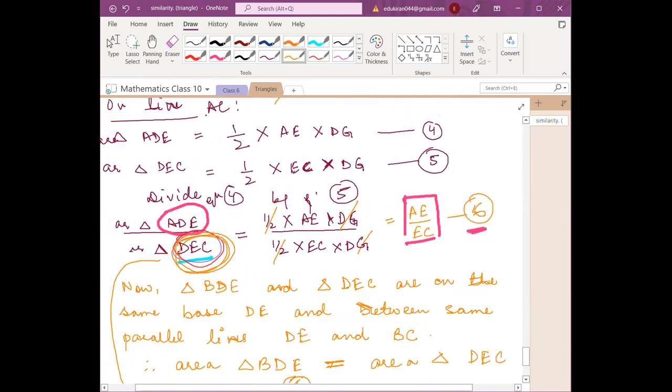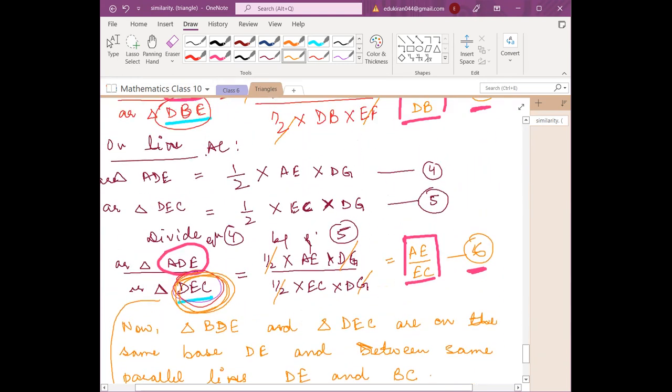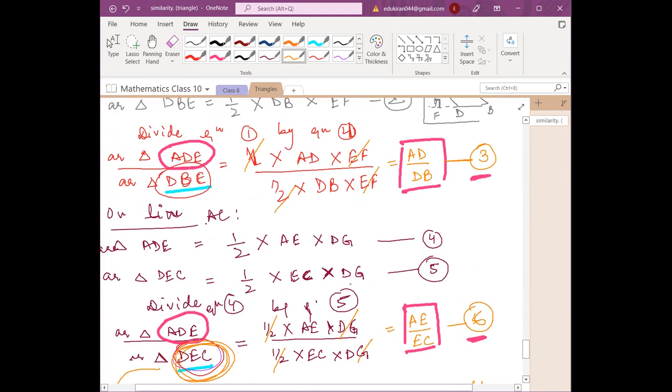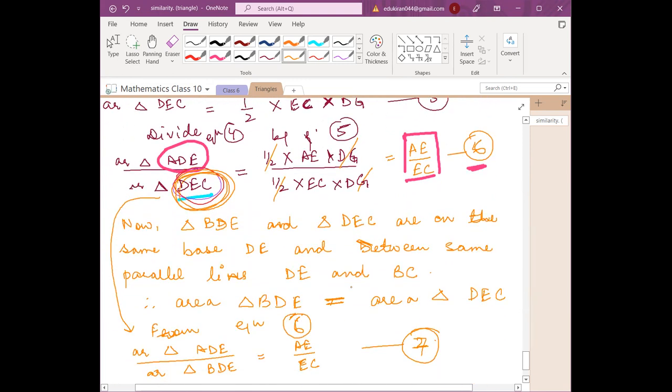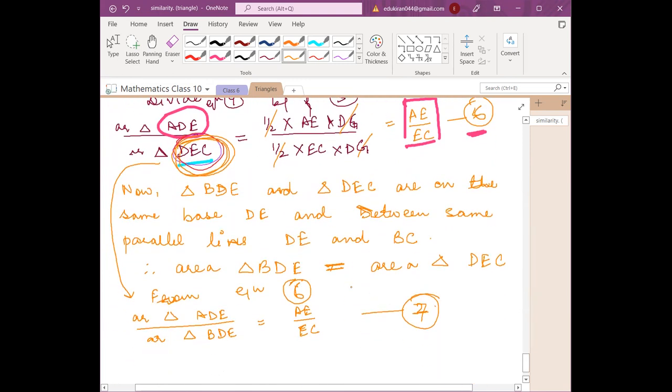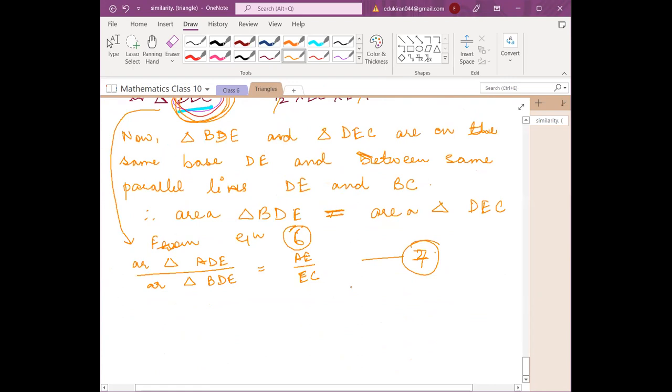So LHS is the same in both cases. On the left hand side, the numerator was already the same, and the denominator is now the same. DBE or BDE is the same thing, basically we are talking about the area of the triangle. So the left hand side is the same, so ultimately the right hand side is also the same. Comparing equations 3 and 7, now the RHS is the same.